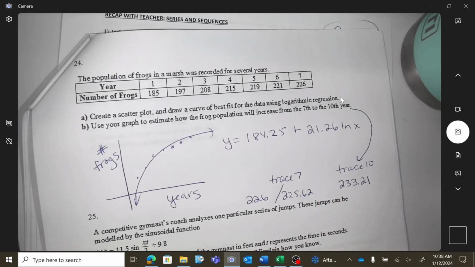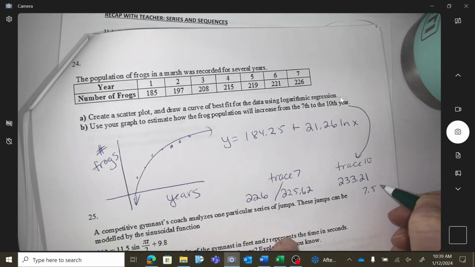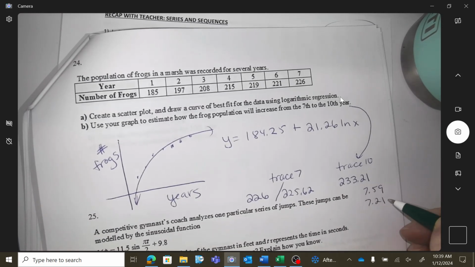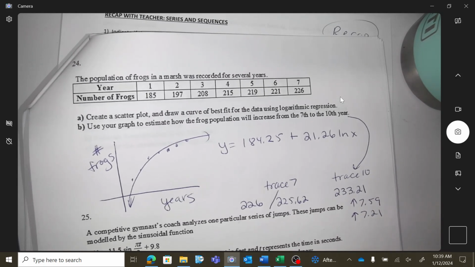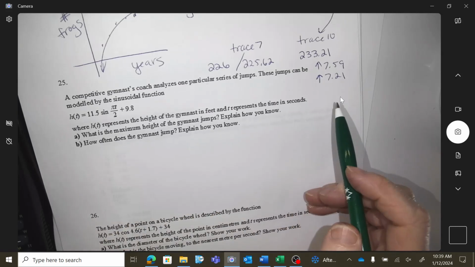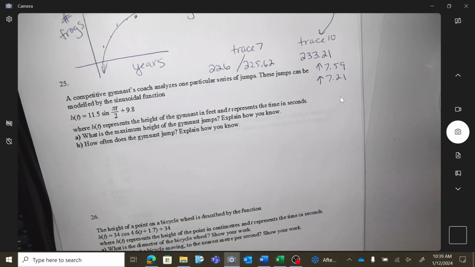So you would just subtract. Okay, so it was increasing by, I don't know, you could just say approximately 7, went up by 7 frogs, something like that. Thank you.